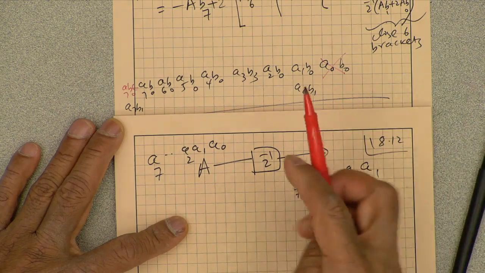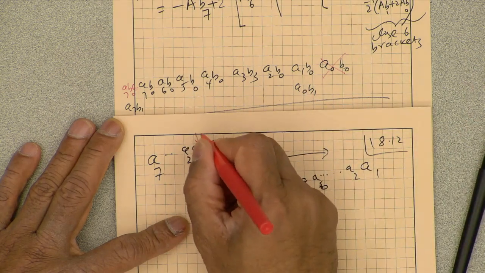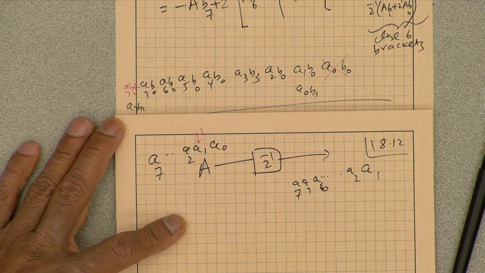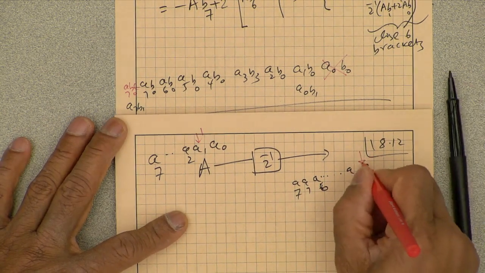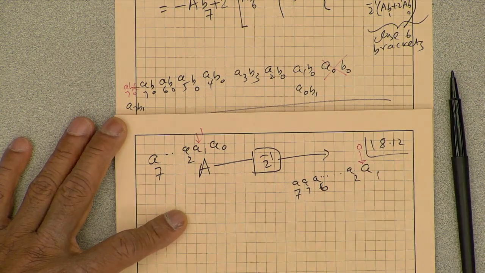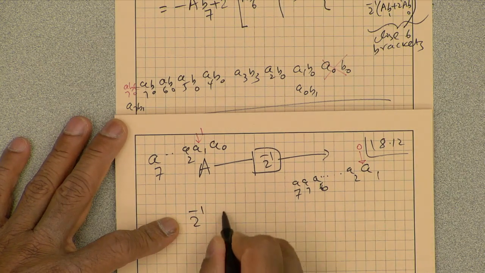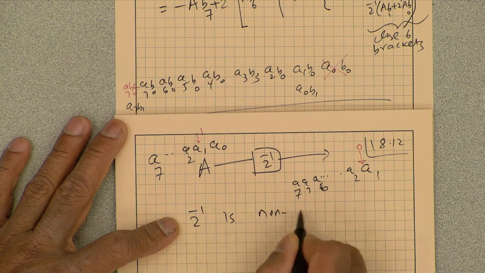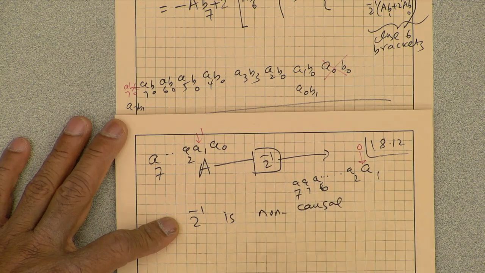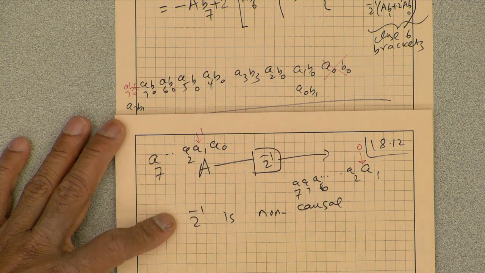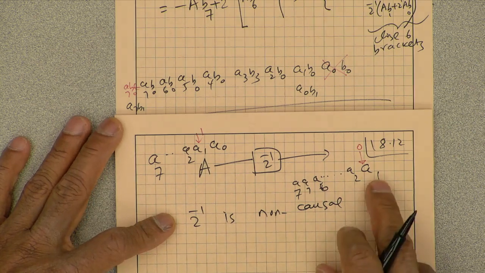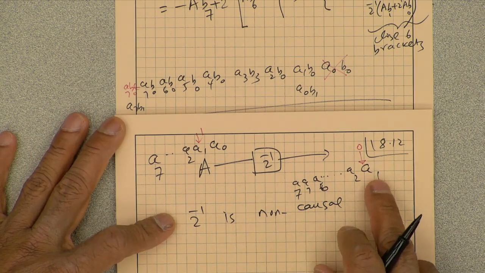So these were input in clock cycle 0. So when was A1 input? Clock cycle 1. I want A1 in what? Clock cycle 0. So multiplication by 2 to the power minus 1 is a non-causal operation. It cannot be implemented because A1 is input at clock cycle 1 but is desired at clock cycle 0.